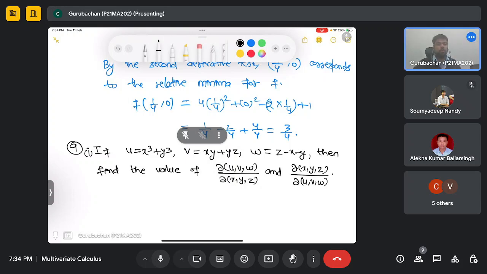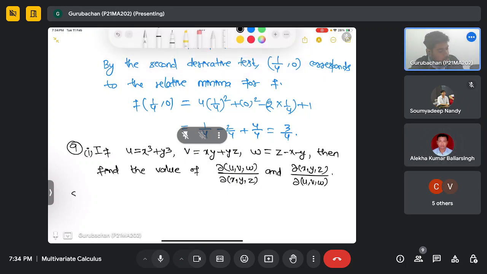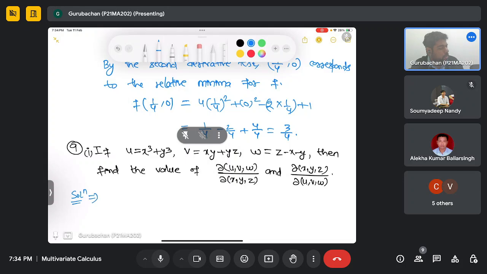Another, 3 whole into x square y plus x square z minus 2y cube. Okay. So first of all, let me know which one is easy to compute first, the first quantity or the second quantity, and why.